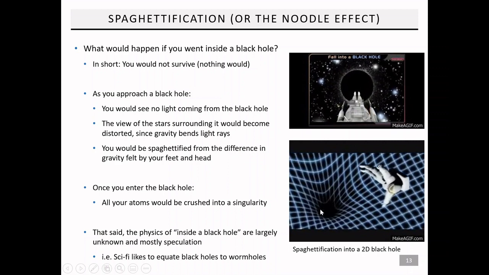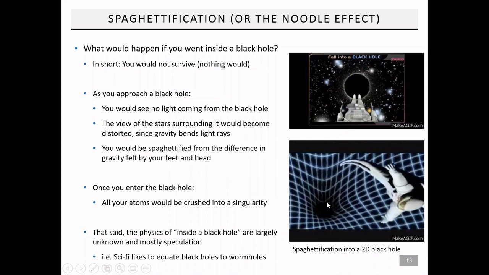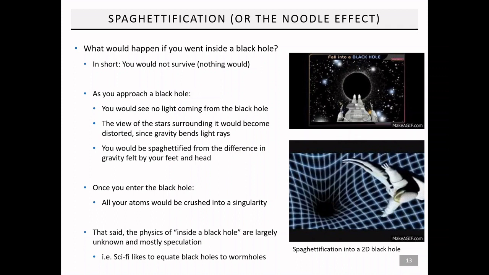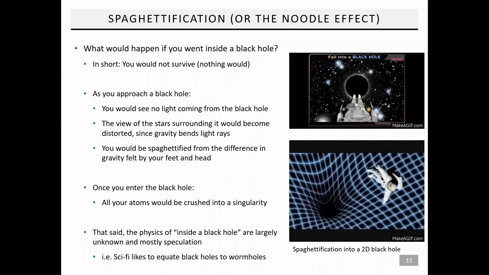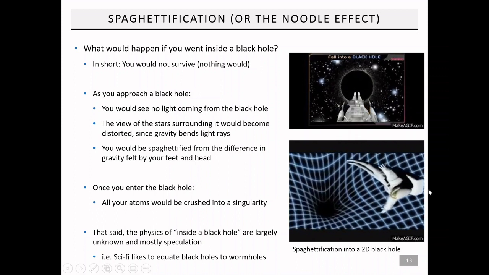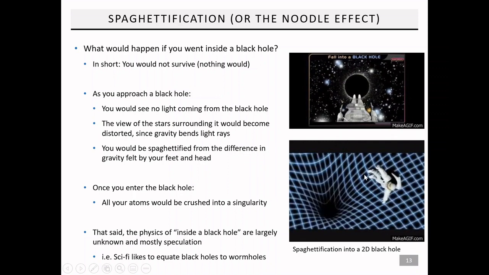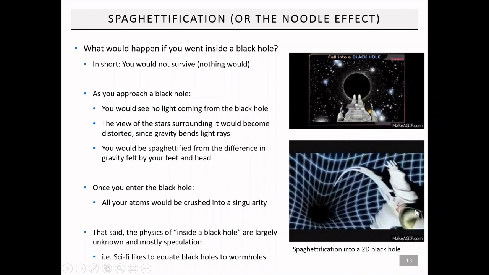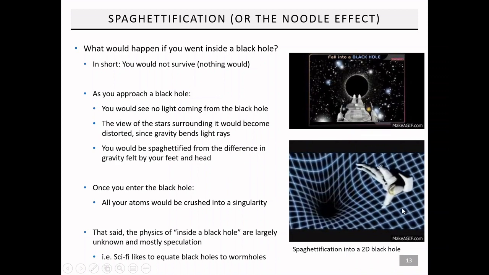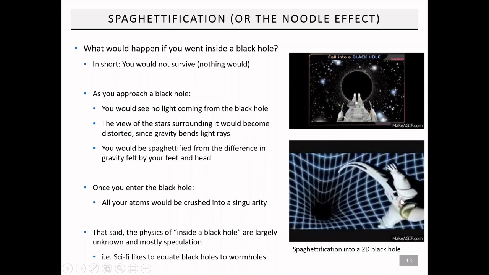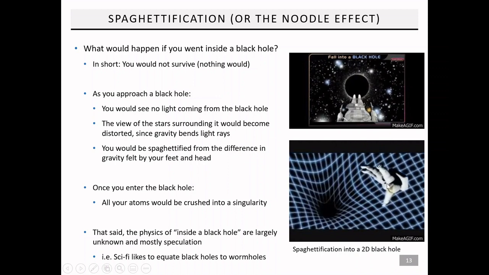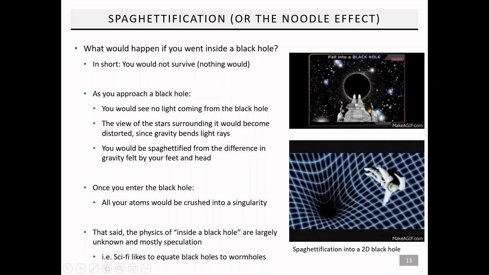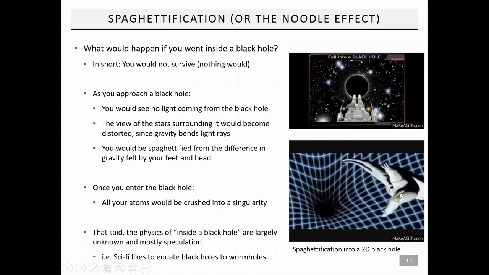As you get very close to that black hole, the gravity gets stronger and stronger and stronger. And when you get close enough, you get to the point of no escape, that event horizon. So the astronaut's feet are very close to the center. His head is a little bit further from the center, but the difference in gravity between his feet and his head is so strong that his feet start to get pulled into the black hole before his head gets pulled into it.